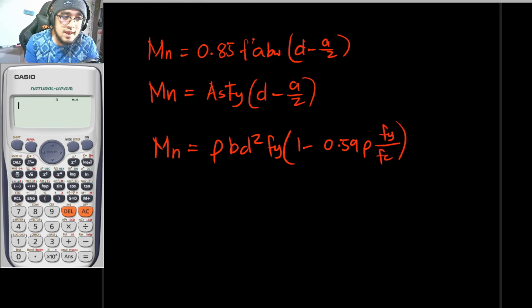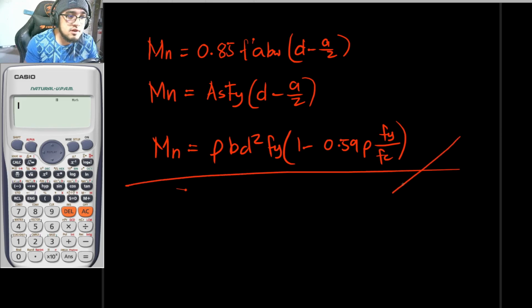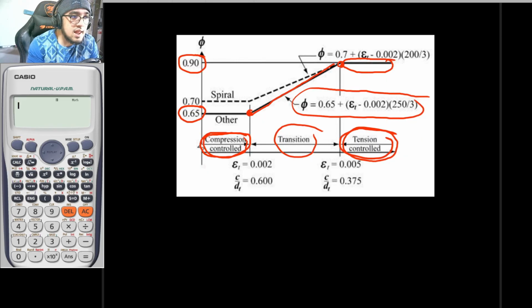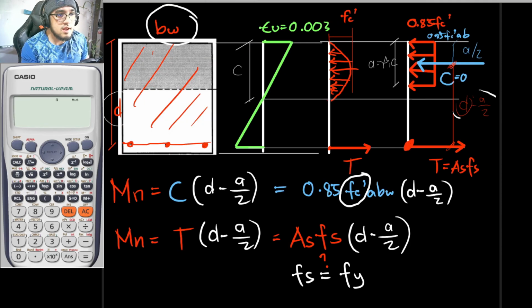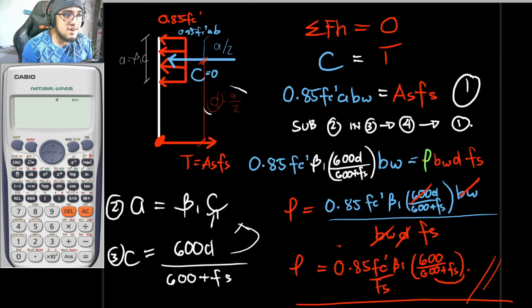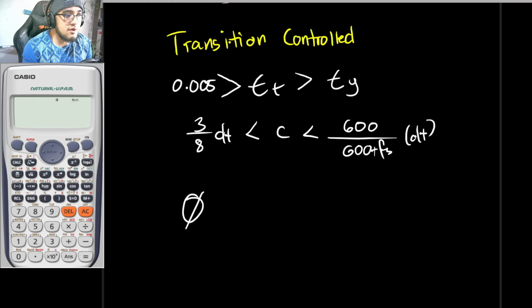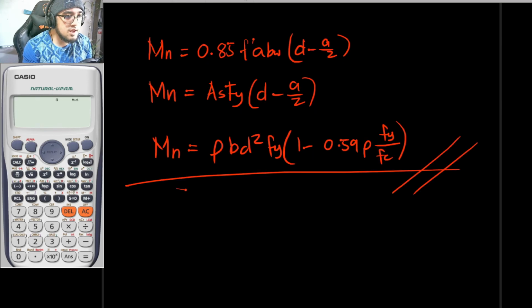You can actually solve for this equation using the stress diagram, the one on your right. If you substitute the value of your rho and other parameters, or your value of As, then basically you would arrive at this particular equation.